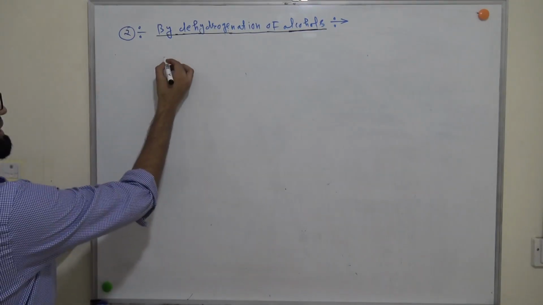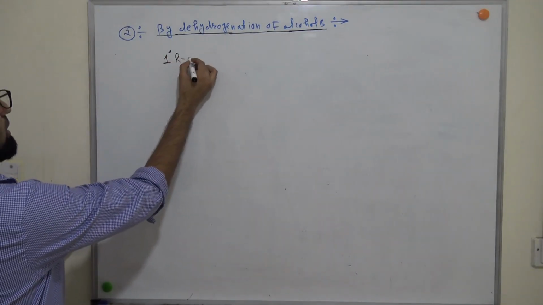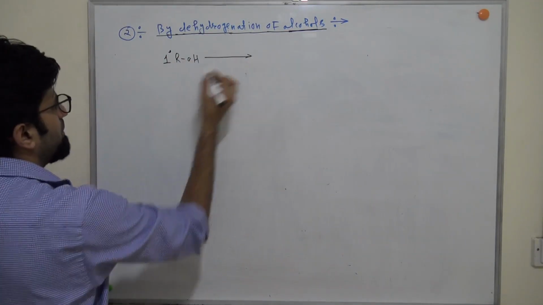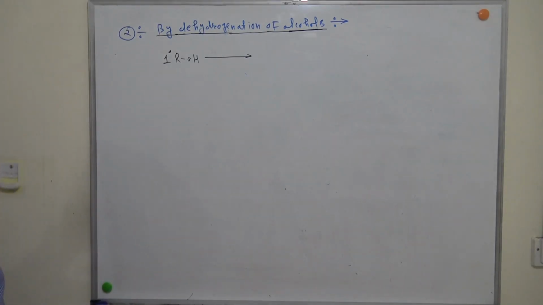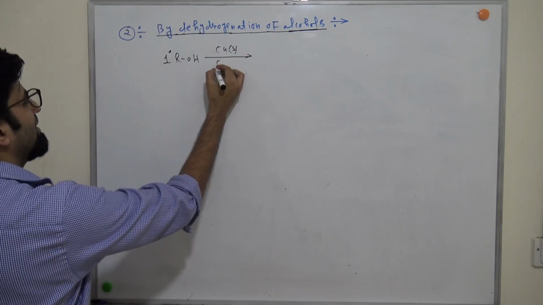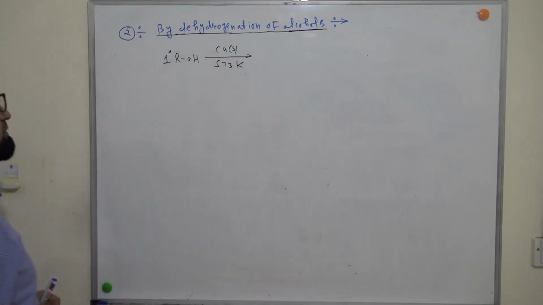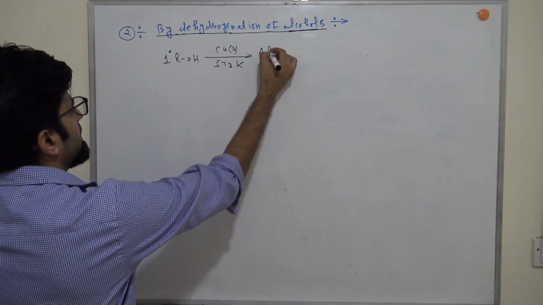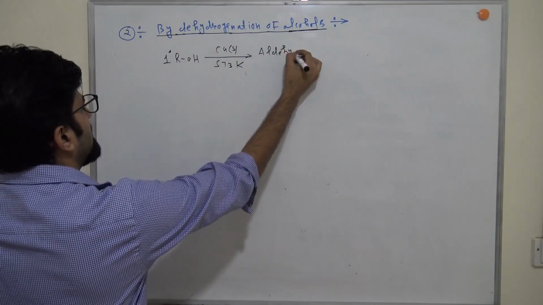Basically, if you pass the vapors of 1 degree alcohol through heavy metals like copper, at a temperature of 573 Kelvin, then 1 degree alcohol gives you aldehyde.